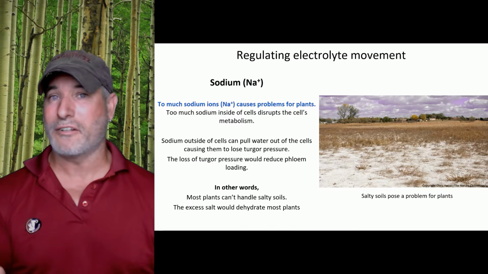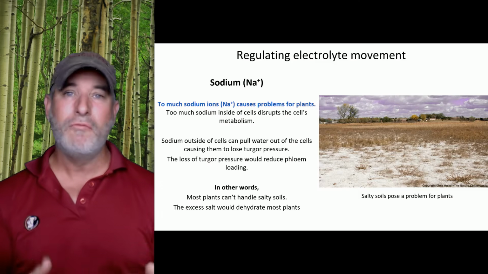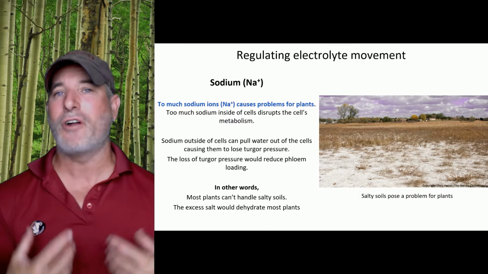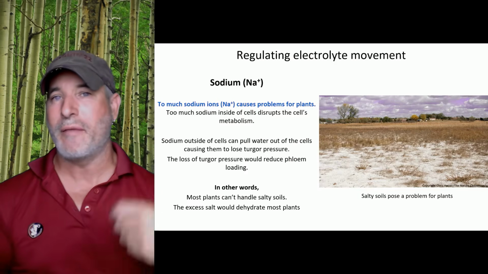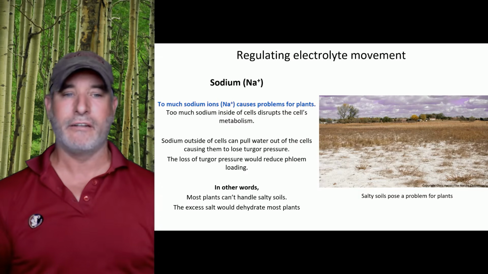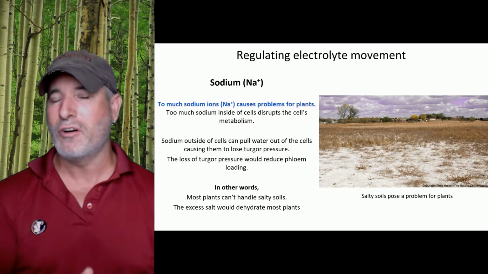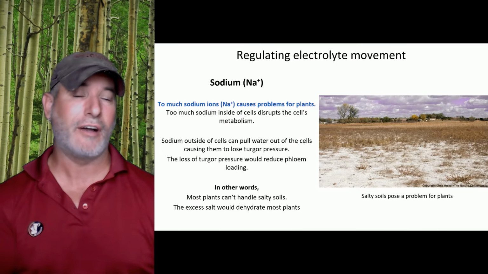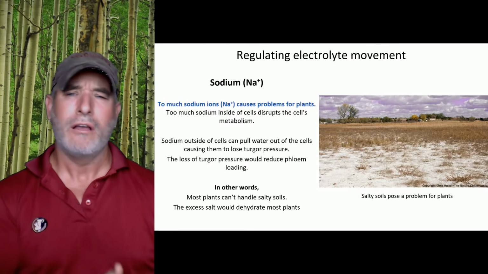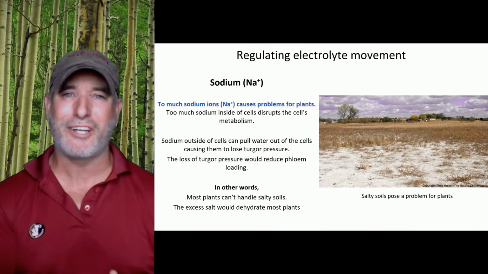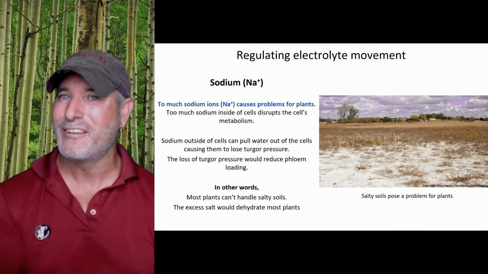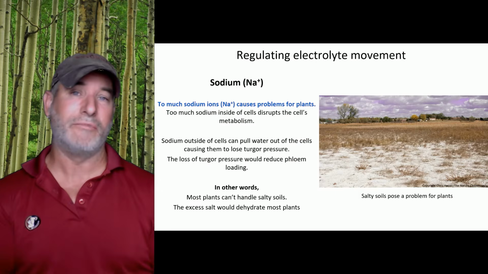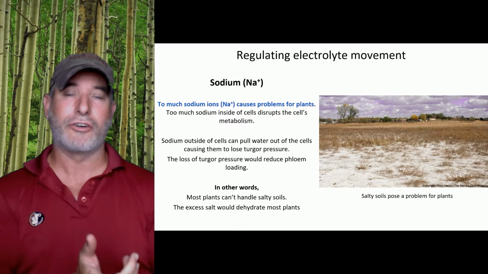Now, like salt water is mostly sodium chloride. Too much sodium for plants is a problem. And in fact, even our cells exclude sodium. They pump sodium out and potassium in. And if you have too much sodium outside the cell, it lowers the water potential outside the cell. Now, if you lower the water potential outside the cell, where does the water flow? Yeah, it starts flowing out of the cell into the surrounding area. The cell can become dehydrated and you can lose turgor pressure.